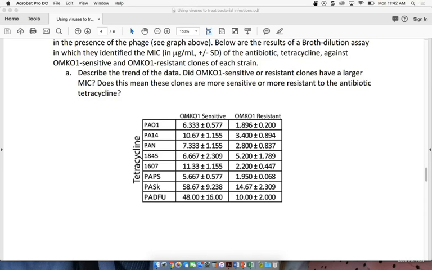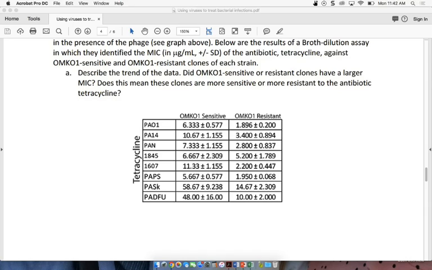The efflux pump is also used for antibiotic resistance. So Pseudomonas aeruginosa, choose is not the right word, but there's a selection to either become resistant to the phage or become resistant to the antibiotic. It can't be both at the same time. That's the trade-off: it can be one or the other.